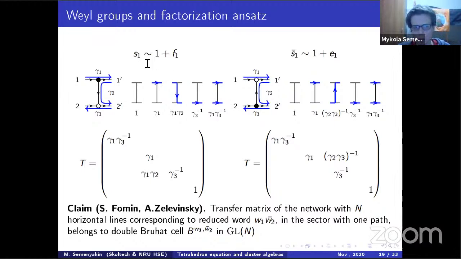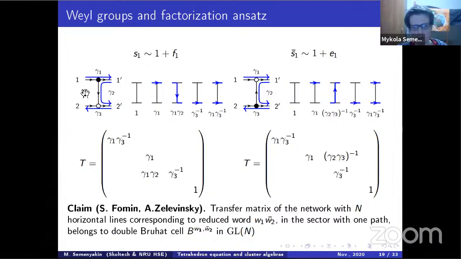So now another piece of theory, and this piece is about the so-called factorization ansatz. In fact, all this story with planar networks and their transfer matrices in the context of linear algebra, as far as I know, appeared from the solution of the problem of total positivity in the general linear group by Fomin and Zelevinsky.